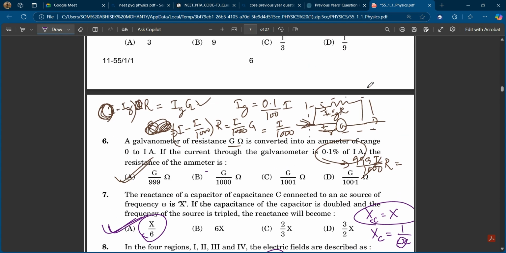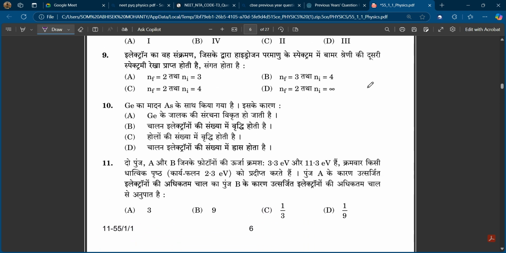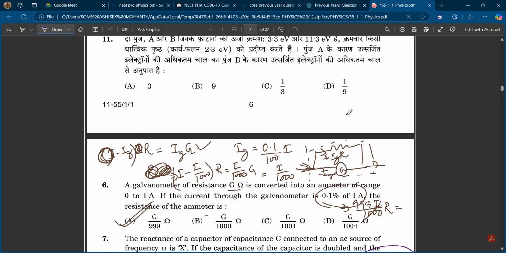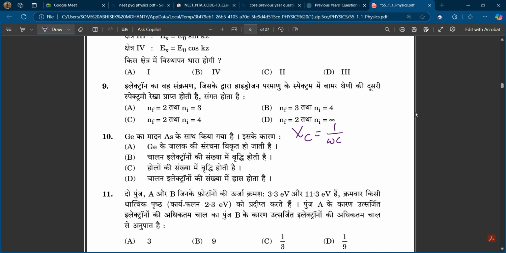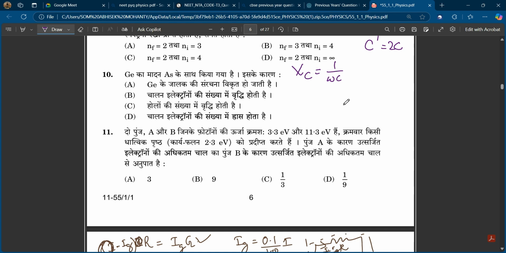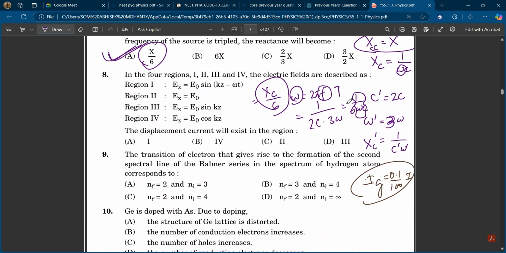Okay, suppose if you didn't understand, Xc is 1 by omega C. This is the reactance of a capacitor. Here it is said that capacitance is doubled. So C dash is 2C, because the original is C. And frequency is tripled.